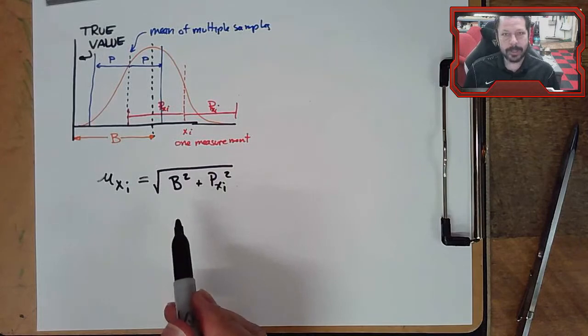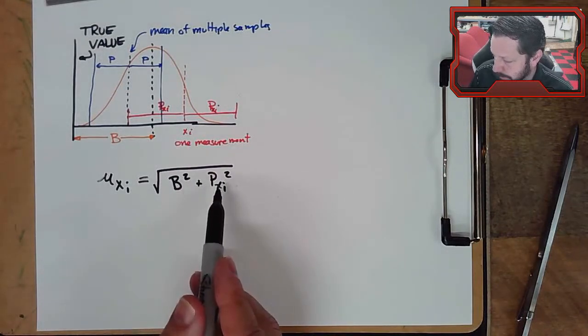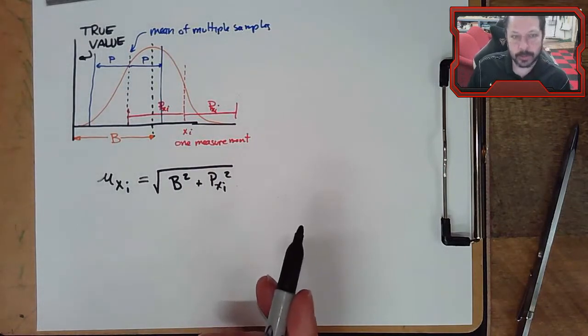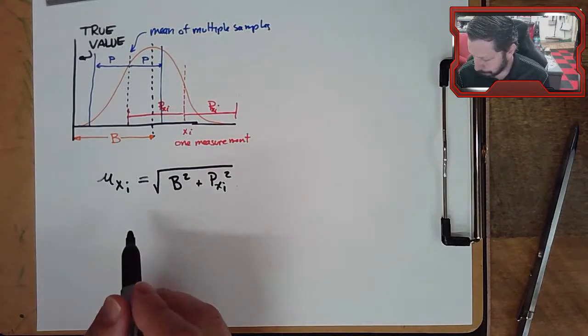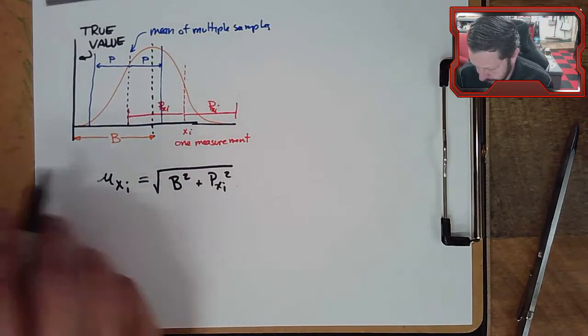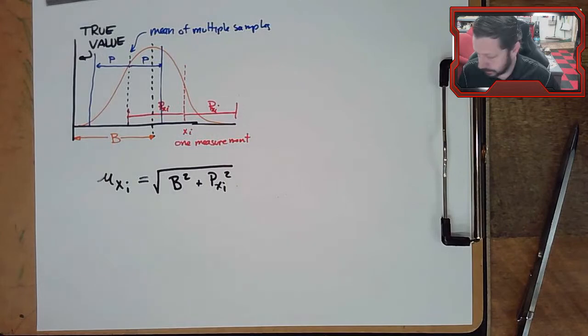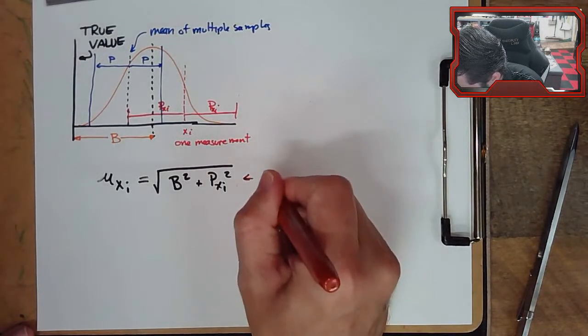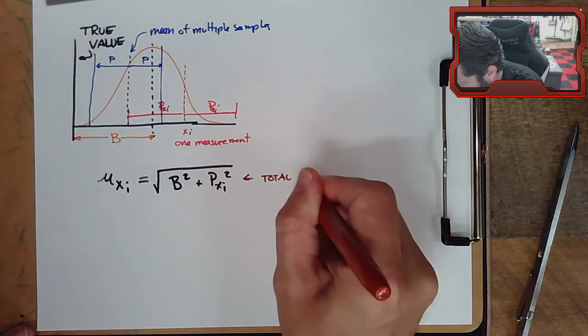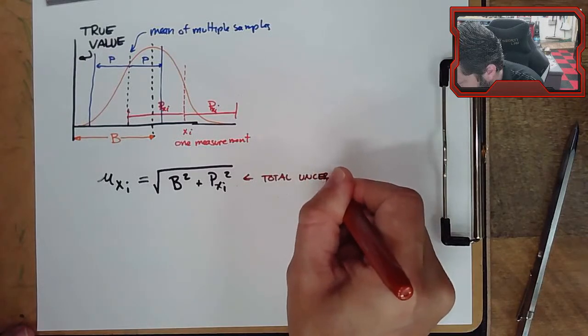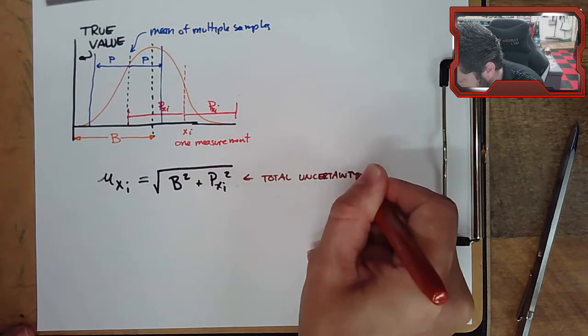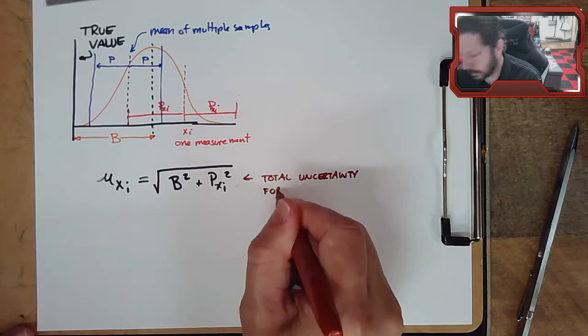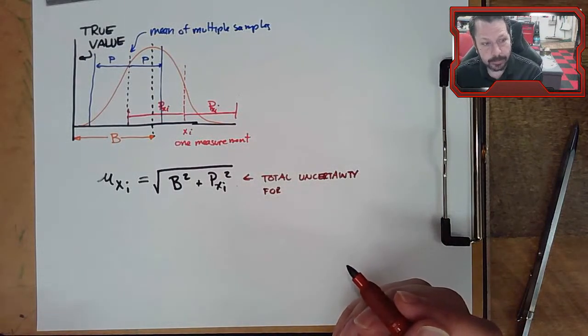So it's the way that we combine a lot of things: you square them, add them together, and take the square root. That would be the total uncertainty for a single measurement.